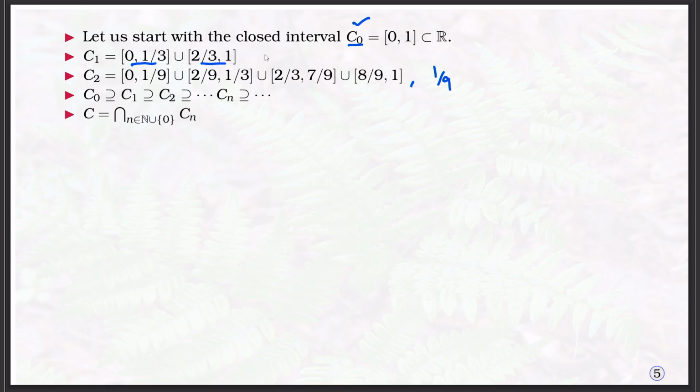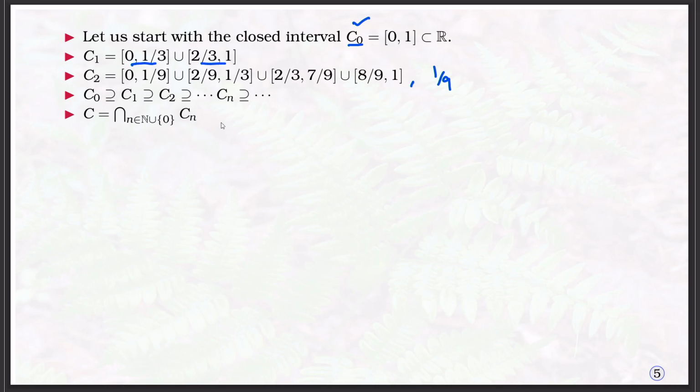One can observe that C0 contains C1 and C2, and C1 contains C2 and C3. Similarly, C2 contains C3, C4 and so on. So the sequence C0, C1, C2, C3 and so on is a decreasing sequence, where each term is a compact set. If we take the intersection of all these sets, we finally arrive at the Cantor set.